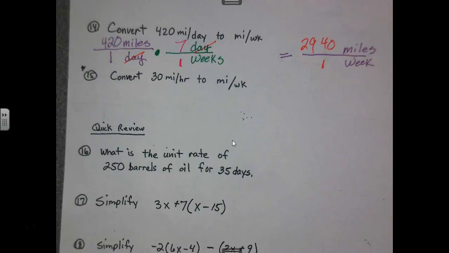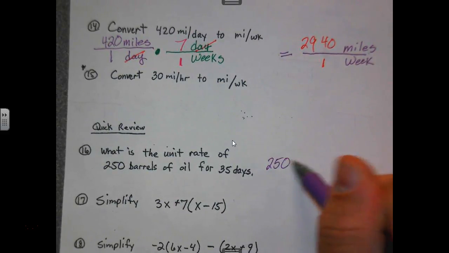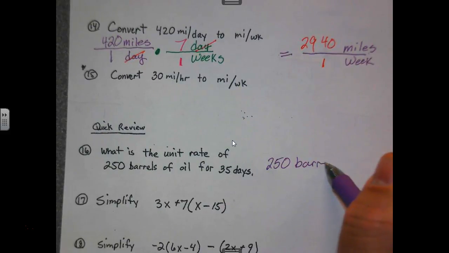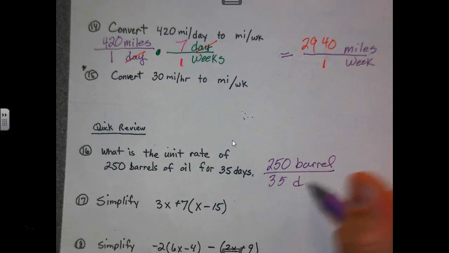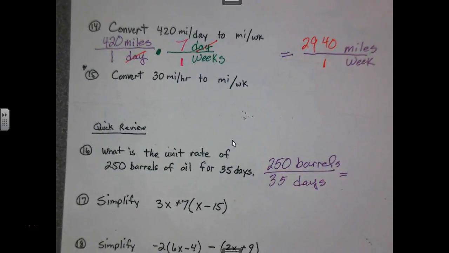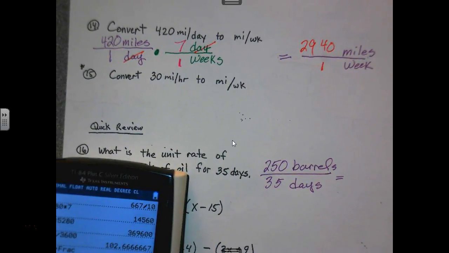Unit rates. Again, all you have to do is divide that out. 250 barrels for every 35 days. Divide it out for unit rates.